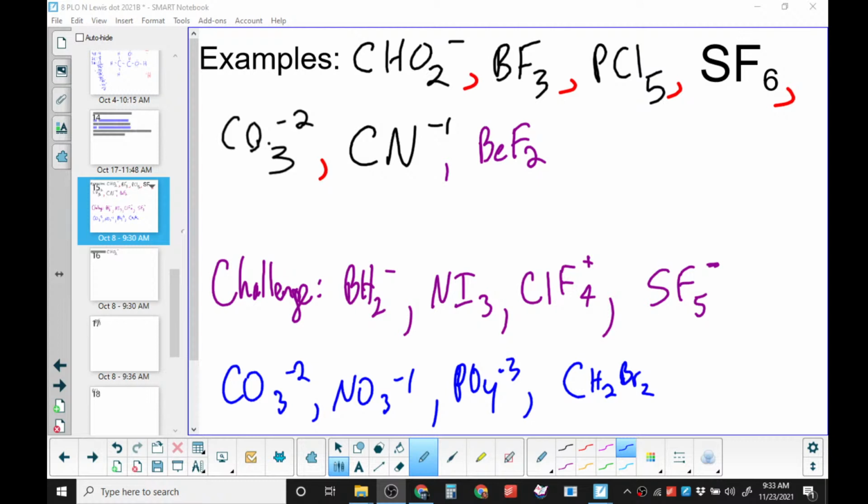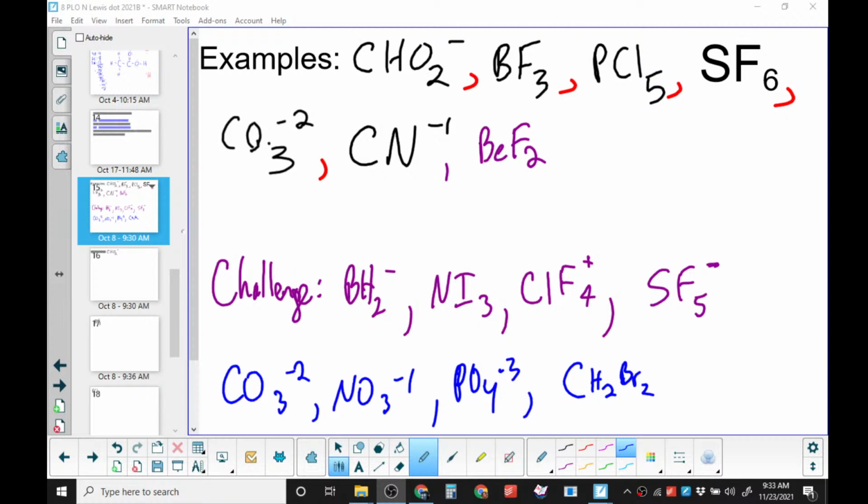Now, I think that one's been done. CO3 -2. Yeah, upper right looks like someone's done it. So it looks like ClF4 plus hasn't been done. ClF4 plus?